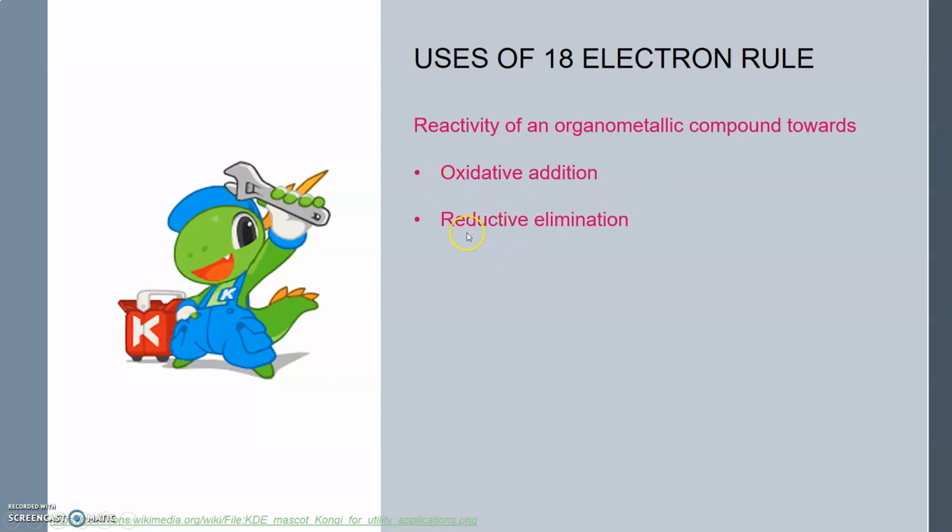After doing these reactions, the product that I obtain should obey the 18 electron rule. If the product obeys the 18 electron rule, then the reaction will go towards the more stable product. That means the starting material I have chosen will undergo this reaction, right? So the reactivity of the organometallic compound towards particular reactions can be predicted based on the 18 electron rule.